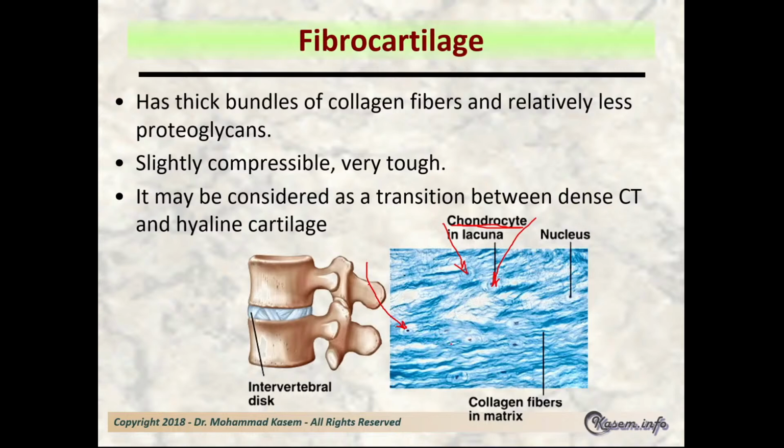Some areas, maybe you can see this area, these cells are forming rows. The fibrocartilage is very rich in collagen type 1, similar to dense connective tissue. And it is thus found in the weight-bearing areas like the intervertebral discs here.